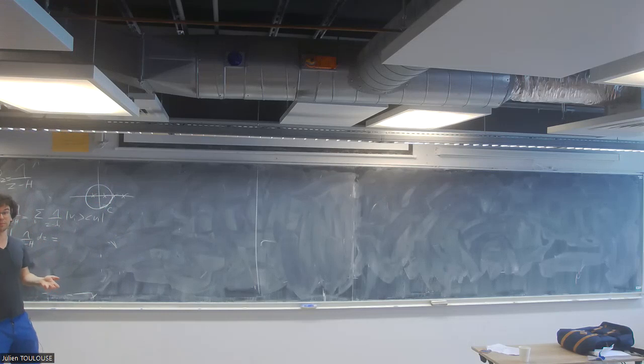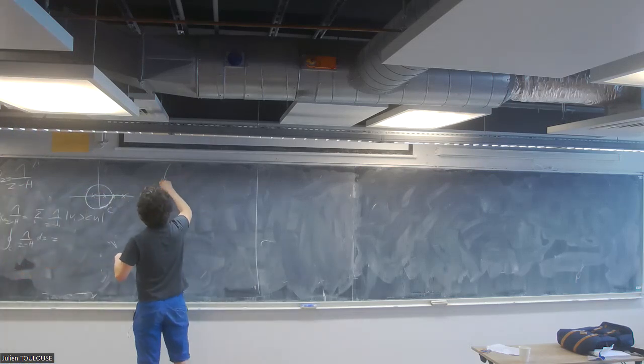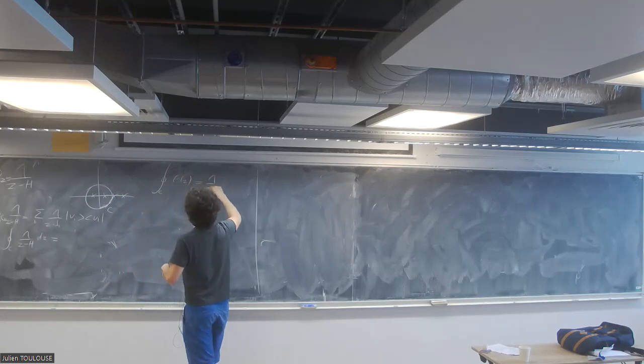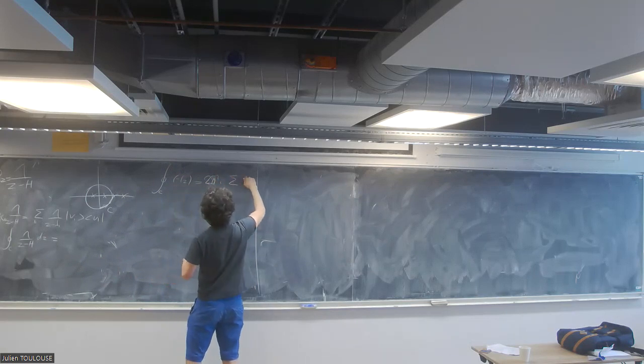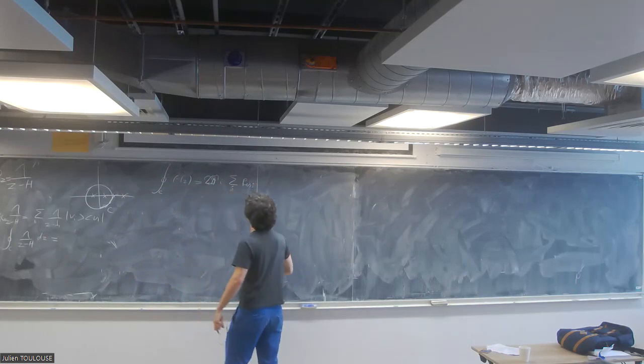Because you've got the Cauchy theorem. I'm not going to recall this because it will take too much time, but hopefully you know this. The Cauchy theorem says that the integral over a contour of a function f of z is given by 2 pi i times the sum of the residues of f at the poles z_j.